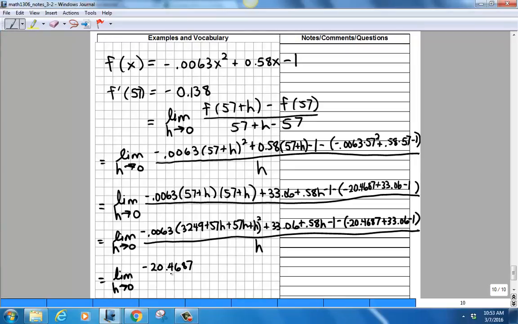That's exactly what this number was. And then you have minus 0.0063 times 57h. So how much is that? And then multiply by the minus 0.0063 gives you what? 0.7182.